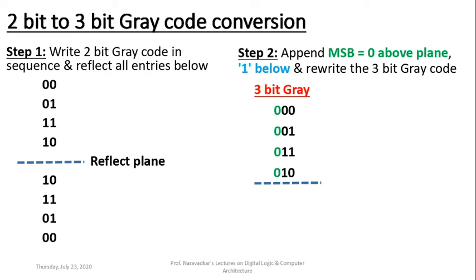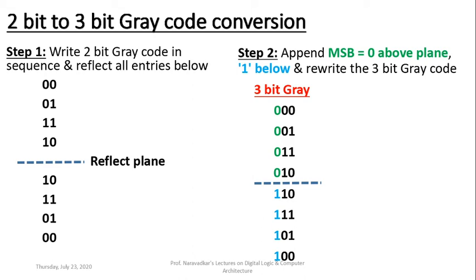And then on the bottom side, the 2 bits of gray code which we have obtained below that reflect plane, shown in black color, are simply copied as they are. And then the MSB bit is to be added on the leftmost side, shown in blue color.